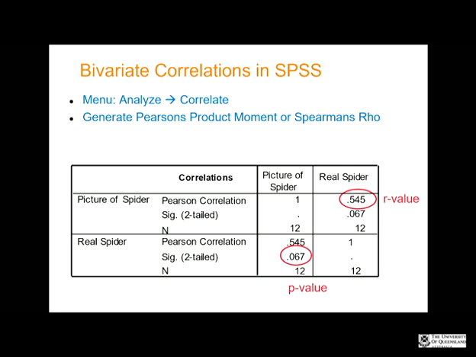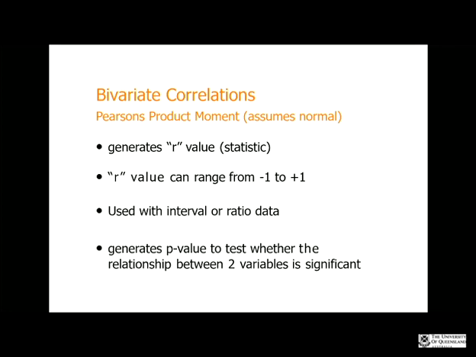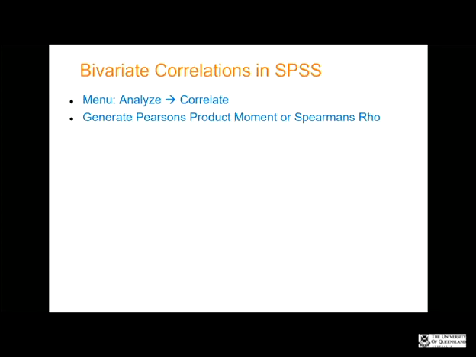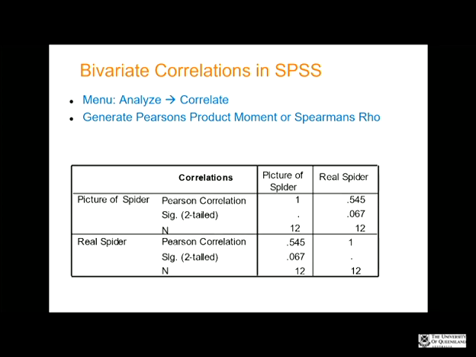So remember we were measuring, did I have the hypothesis on there? Test whether the relationship between two variables is significant. So the null hypothesis is that it's not significant. The alternative hypothesis is that it is significant, the relationship.